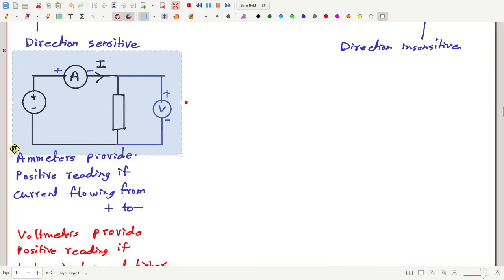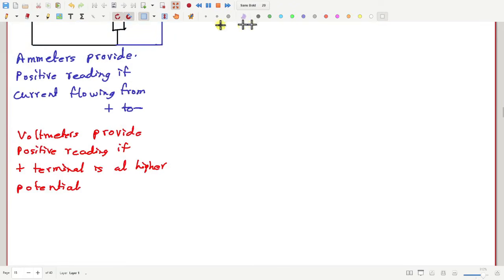Normally this is very useful for DC circuits.